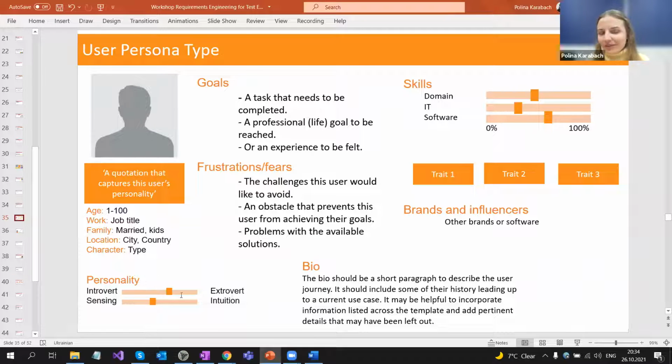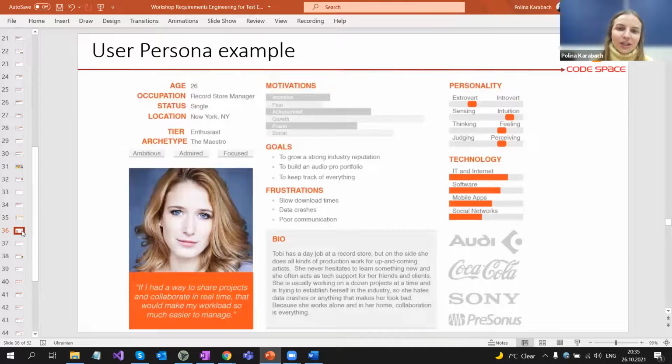And different sliders can be added for different traits like introvert, extrovert, etc., and some general information. So it's again average. This is one of the examples of the user persona. And by looking at this, we can activate our empathy and better feel who our users are, what they live, what their usual day is like, what their life or their thoughts might be about.